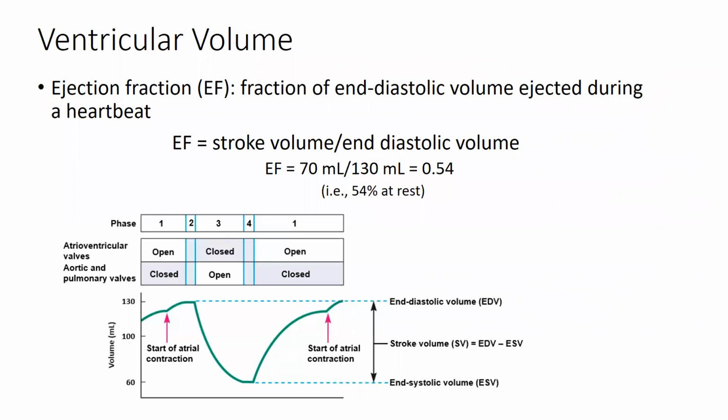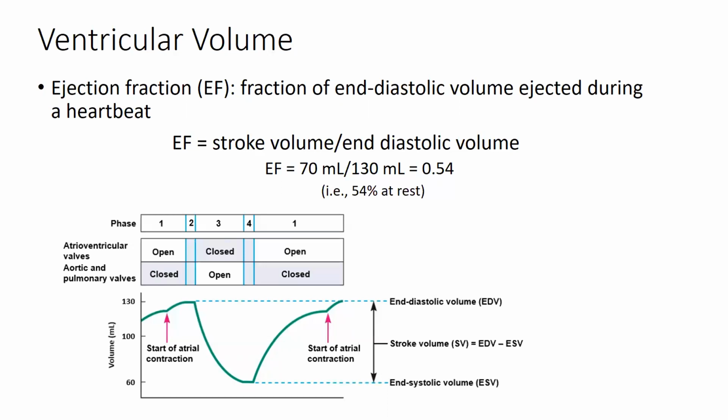That is your ejection fraction. So that's your stroke volume, how much blood you ejected, divided by your end diastolic volume, how much blood you filled at the end of diastole. Stroke volume divided by end diastolic volume gives you your ejection fraction.